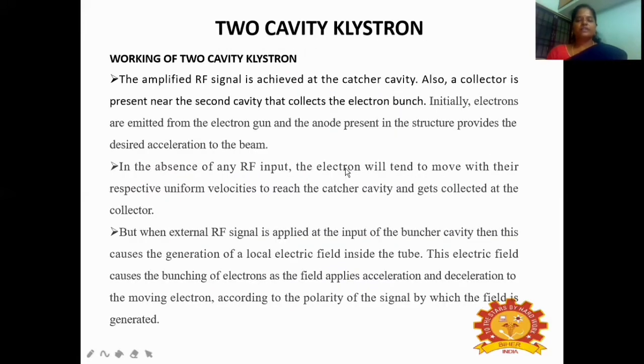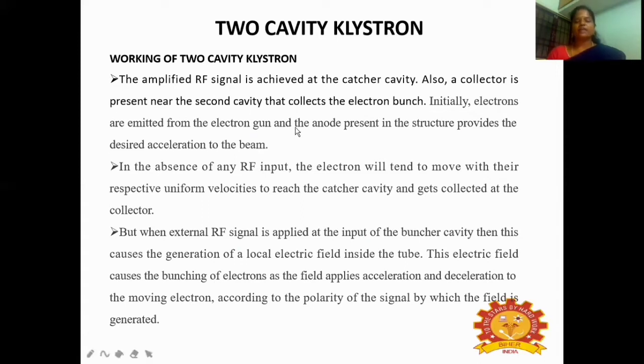Next we will discuss the working of the two cavity klystron. The amplified RF signal will be achieved at the catcher cavity. Here a collector is present near the second cavity.